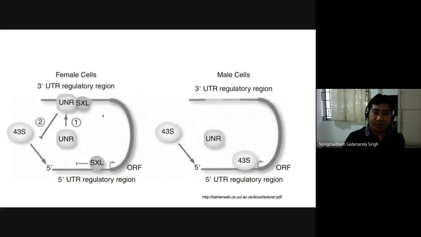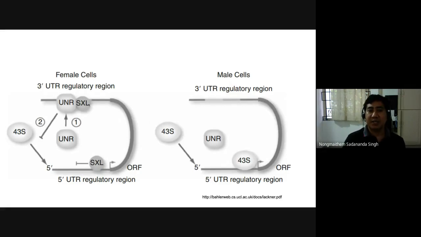And this one we talked earlier a little bit about, the Sex-lethal gene. What it does is that the SXL gene product, the protein, doesn't allow the translation of an mRNA which is specific for male cells. It does so by two mechanisms.